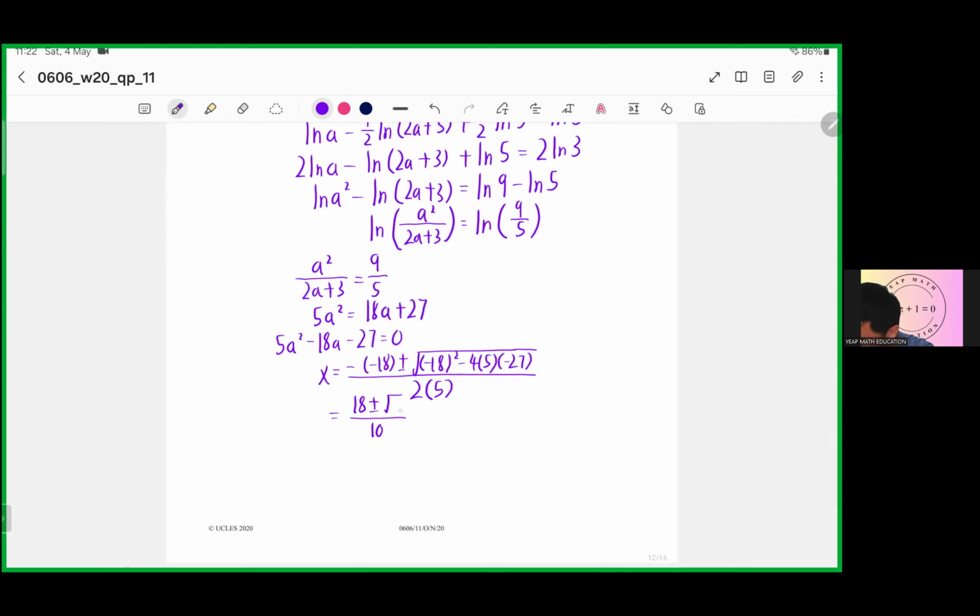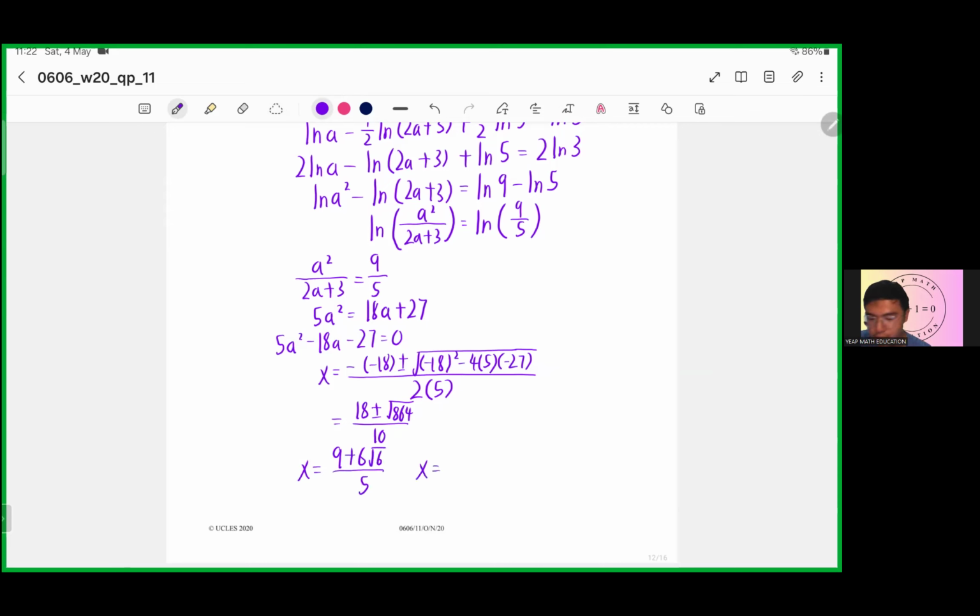Okay, we get 864. So we can separate. One is 18 plus root 864 over 10. We get 9 plus 6 root 6 over 5.